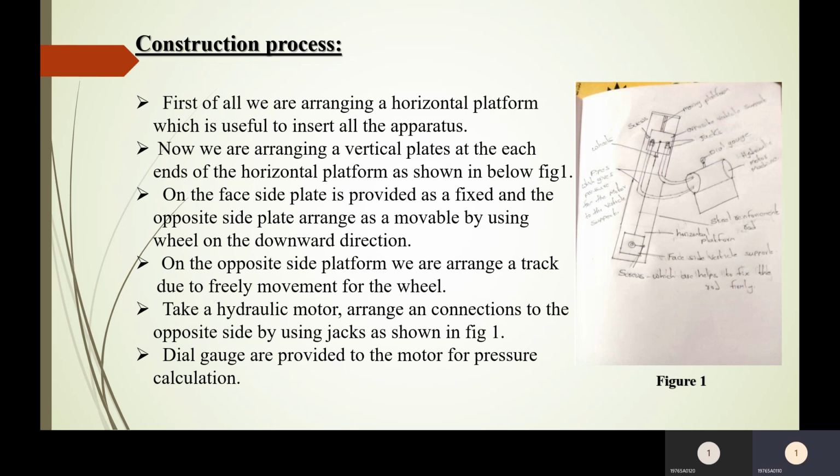In the center between the vertical supports, we arrange a steel reinforcement rod which is used as the testing specimen. We also arrange a hydraulic motor machine connected to the opposite vertical support by pipes, which carry pressure from the motor to the vertical supports.